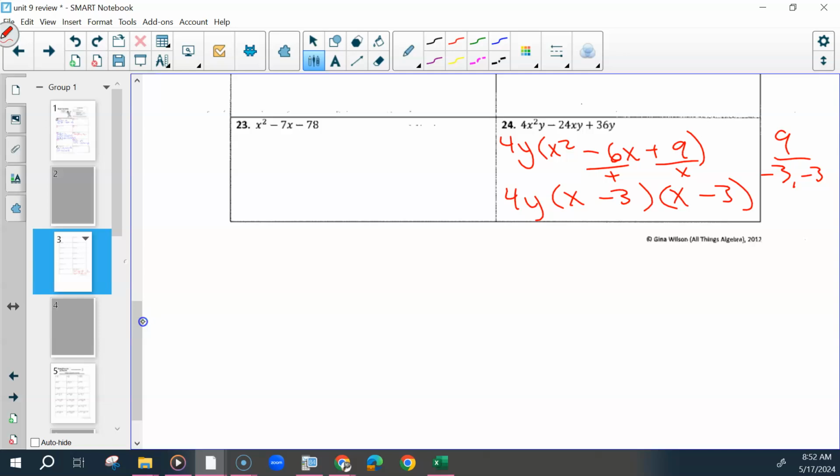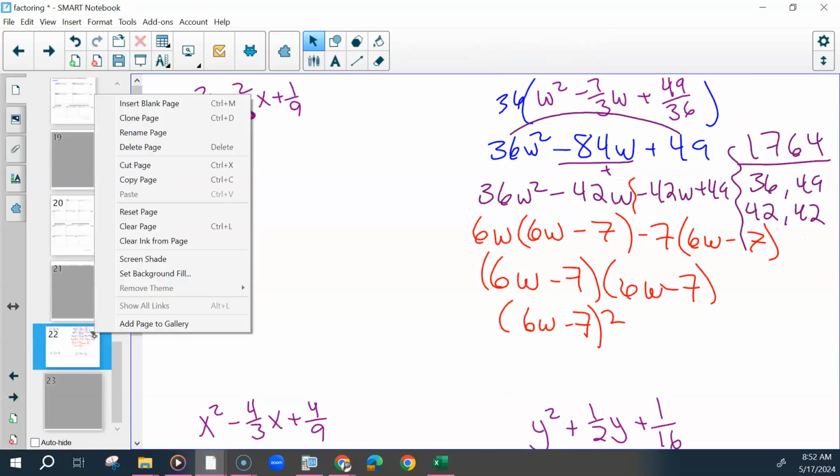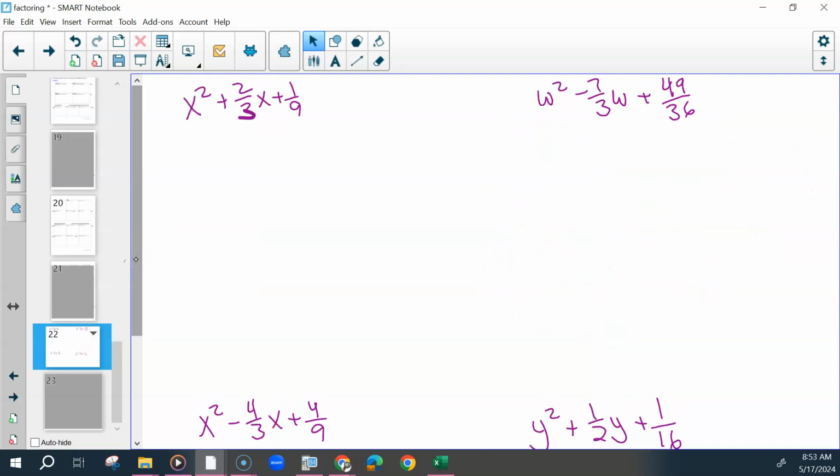Any other factoring questions before I have you write down? Somewhere where you have space, write these down. In the past, we have done these. So write these down somewhere. I want to make sure you're writing these down somewhere.